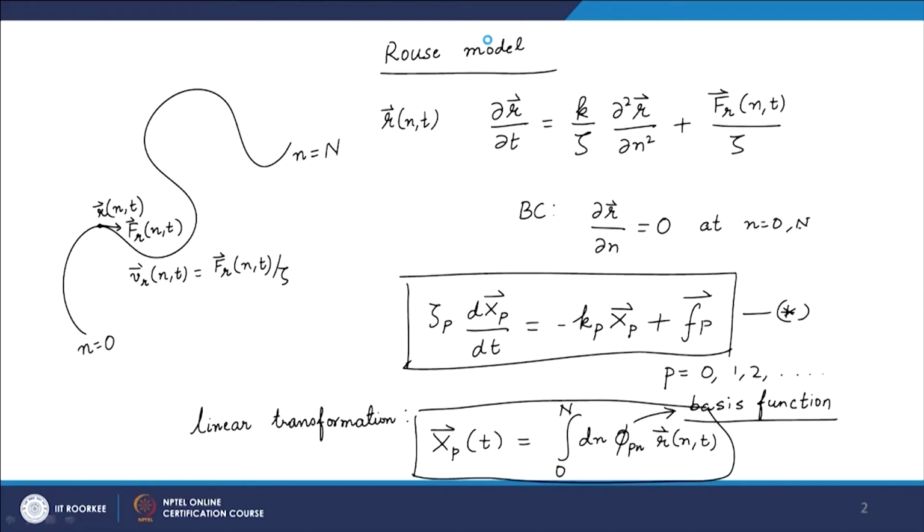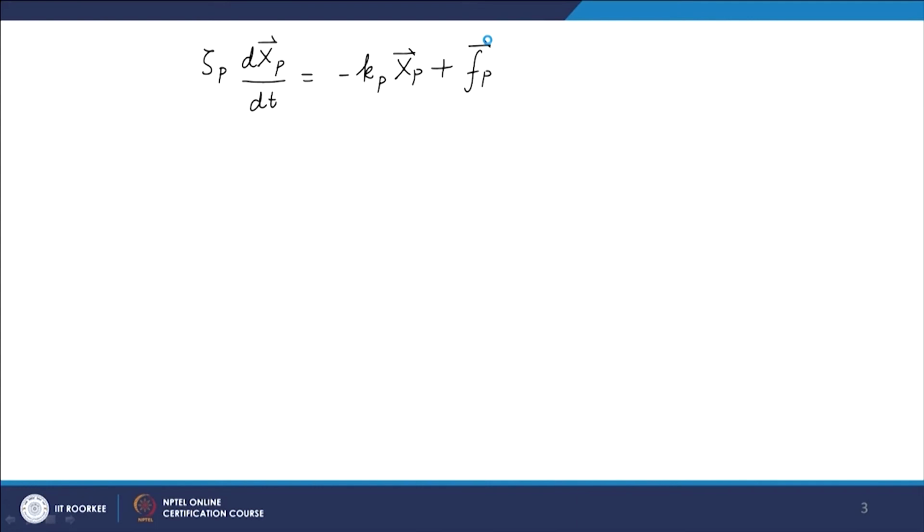Okay. So, now let us look at the equation that we have written on the previous slide. So, now I have constants zeta p, that is a drag coefficient, but it is changing for different values of p. So, we will assign a meaning to it in a moment.